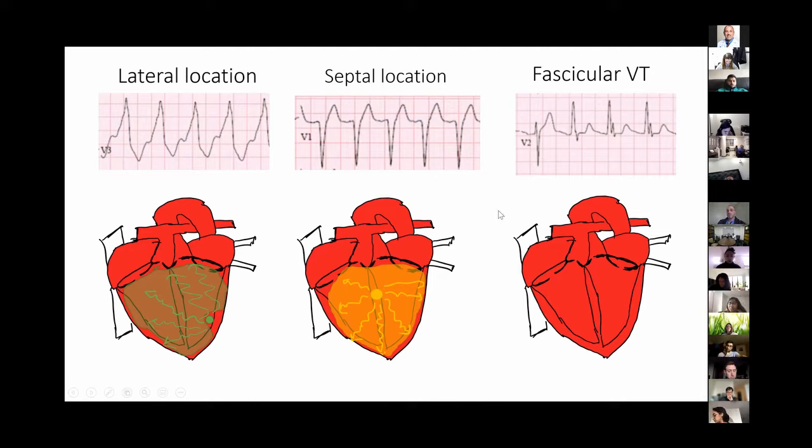And one of the ventricular tachycardias that can particularly be deceiving is fascicular ventricular tachycardia, because that arises from the actual conduction system, from the His-Purkinje system of the heart. Essentially, if it starts from there, it actually utilizes a portion of your conduction system.